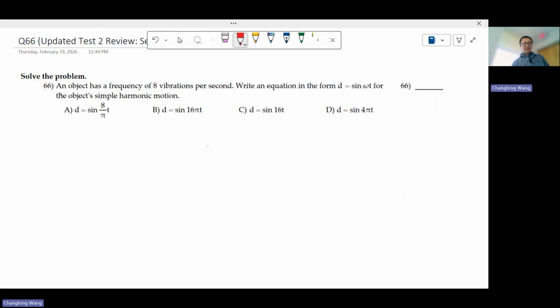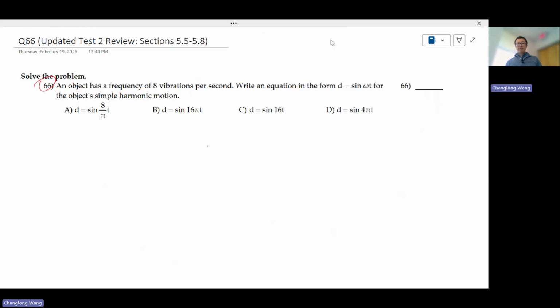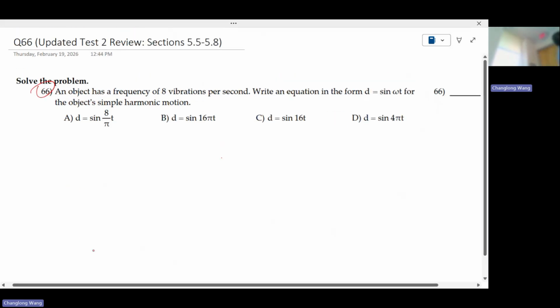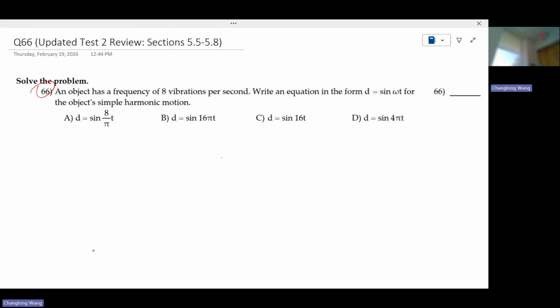All right, 66. Almost the last question on that updated packet for test number 2 review. All right, give it a try. So you're going to go backwards, right? Given those information, you can identify which equation or function that describes this simple harmonic motion.